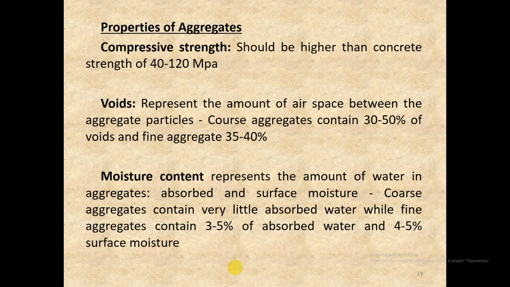Leaving aggregate for 12 hours after any rain will usually result in a reasonably uniform moisture content, except at the very bottom of the pile. With sand, the time may need to be extended somewhat. In any case, the moisture content of aggregate should be regularly checked.